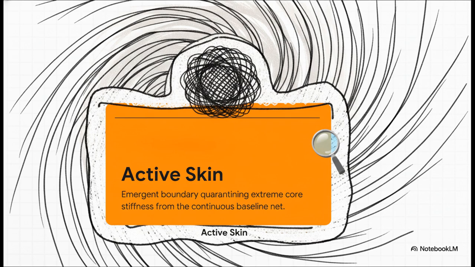Because stiffness is an emergent property of folding, this knot's core becomes immensely stiff. Now, to prevent the universe from literally tearing at this point of infinite folding, a geometric necessity called topological encapsulation kicks in. An emergent boundary forms. We call it the active skin.